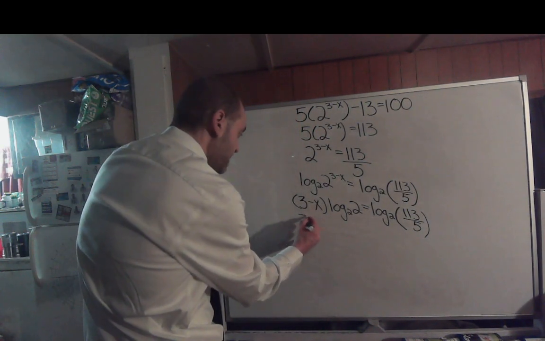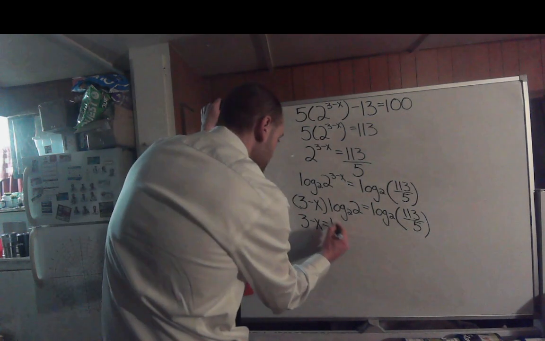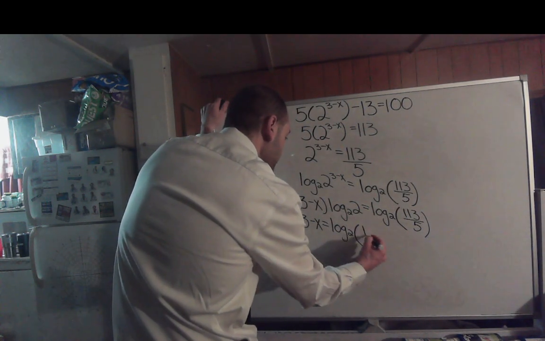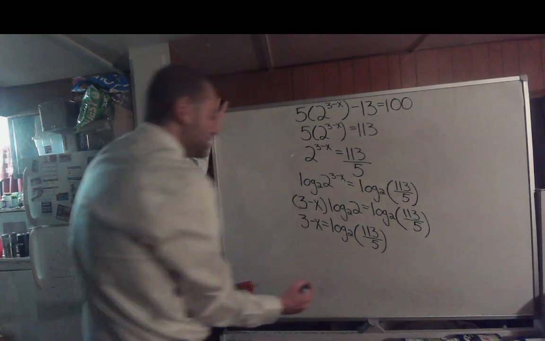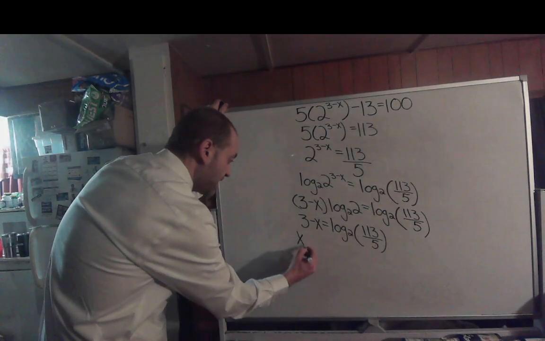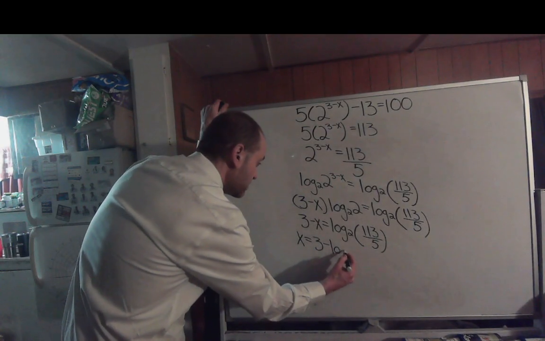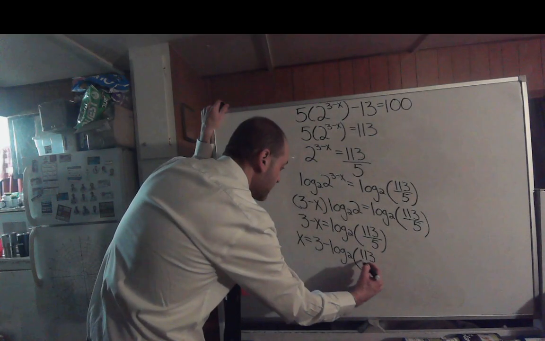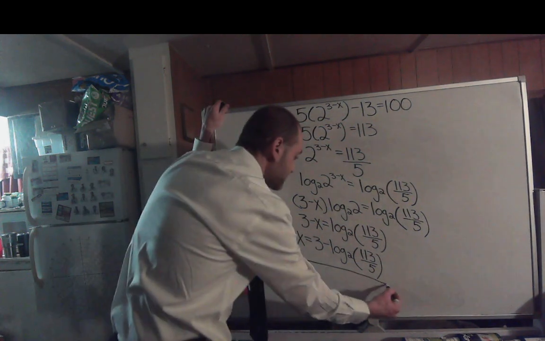So then you would just have 3 minus x equals log base 2 of 113 over 5, which would then give you that x equals exactly 3 minus log base 2 of 113 over 5. That would be your algebraic exact solution.